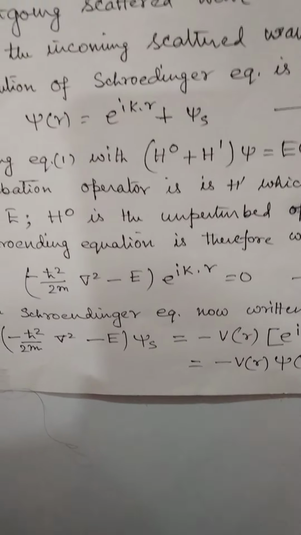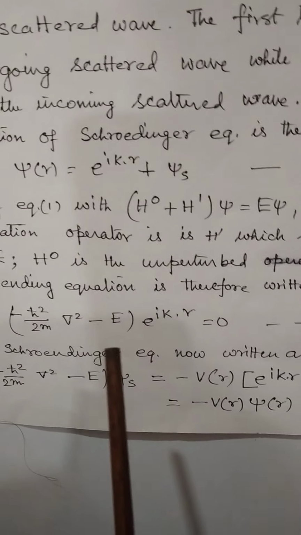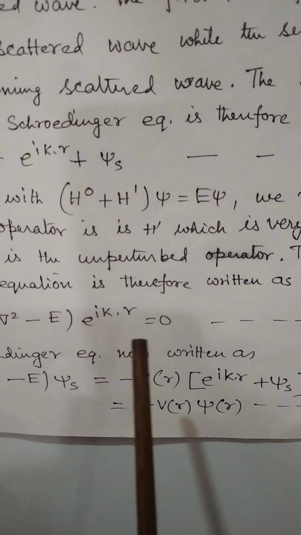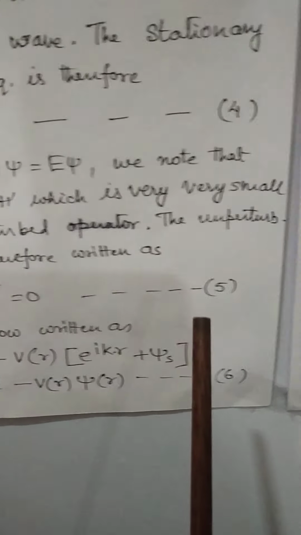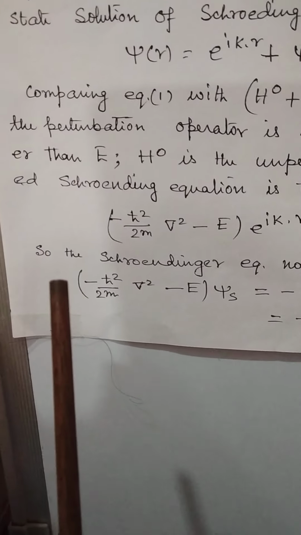[-ħ²/2m ∇² - E] e^(ik·r) equal to 0, which is equation number 5.